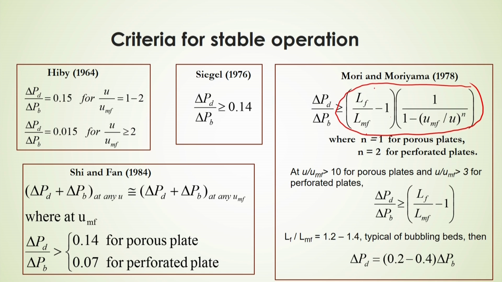This criterion depends on the height of the fluidized bed, the minimum fluidization height, the minimum fluidization velocity and the gas velocity. In this equation there is one coefficient: n equal to 1 should be used for porous plates, whereas n should be 2 for perforated plates.